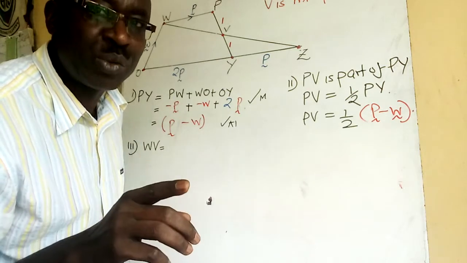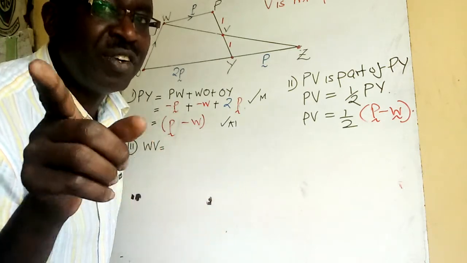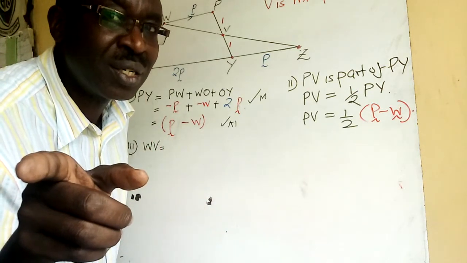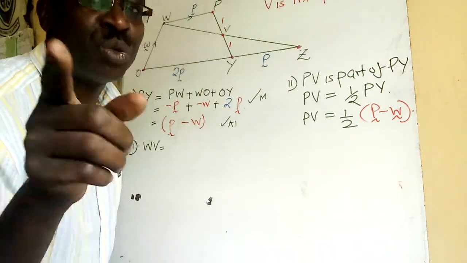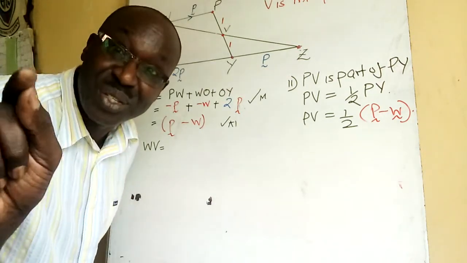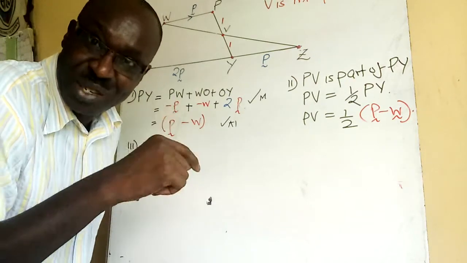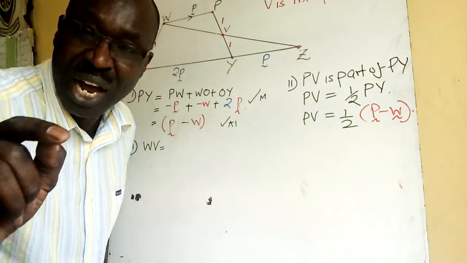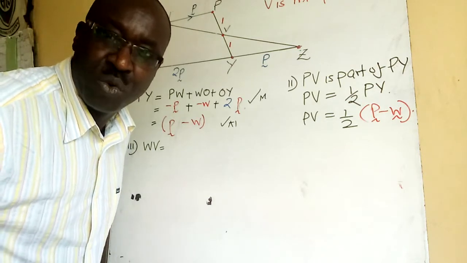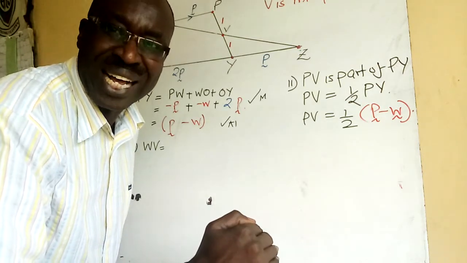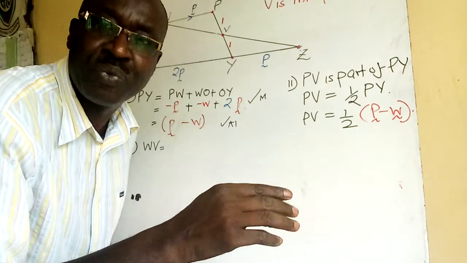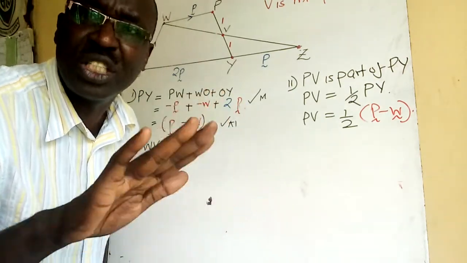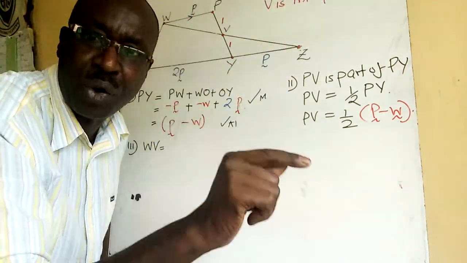When you're told to express as part of, he will have given you what? Vector, ratio. He will have given you ratio. That is when you say is part of. But if he has not given you ratio and you are not moving a section of the highway, the only remaining choice is go through other points.